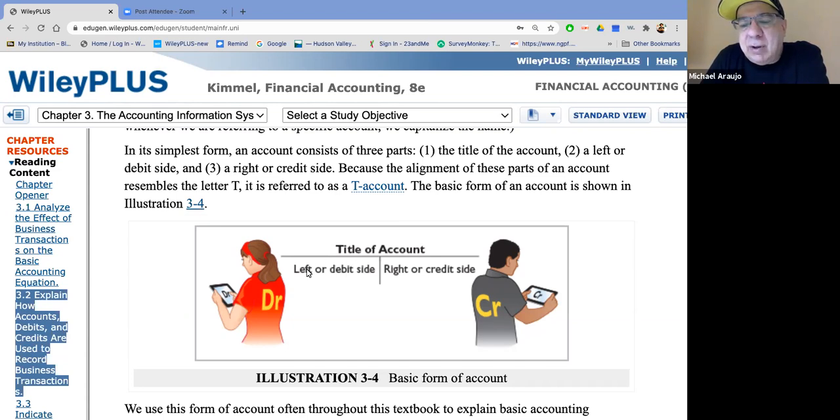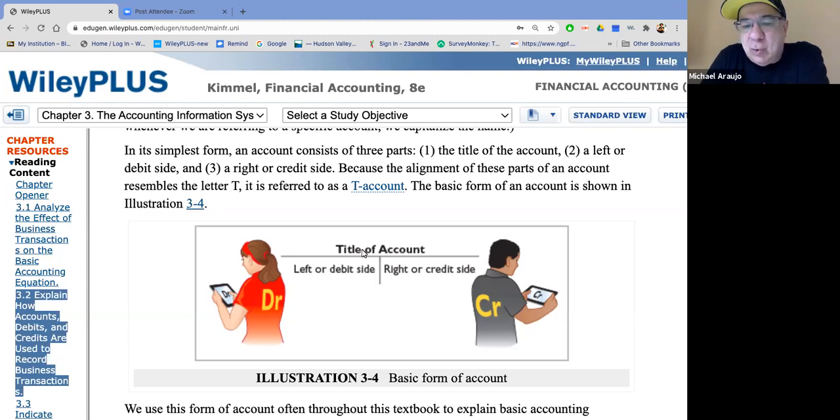If an account like cash increases on the debit side, the other side means it's decreasing because there's only two sides to an account, right? One side increases the account, the other side decreases it. So for asset accounts, the left side or the debit side shows that we have more of it, which means the opposite side, the right side, the credit side, means we have less.